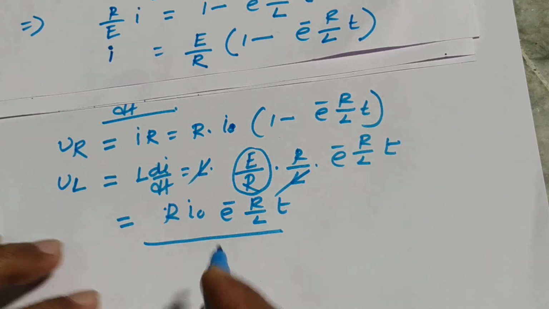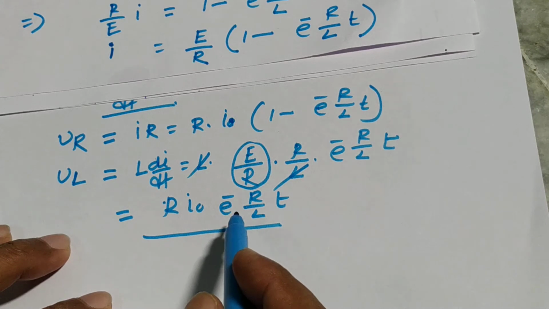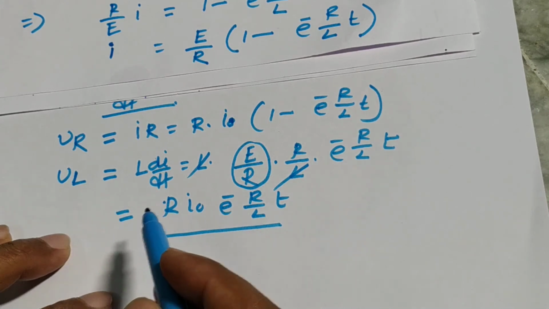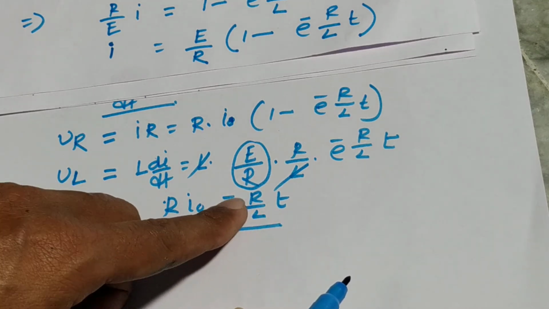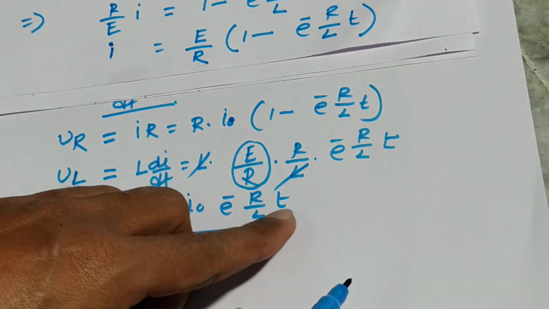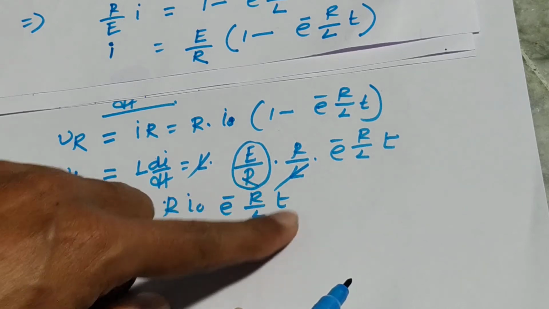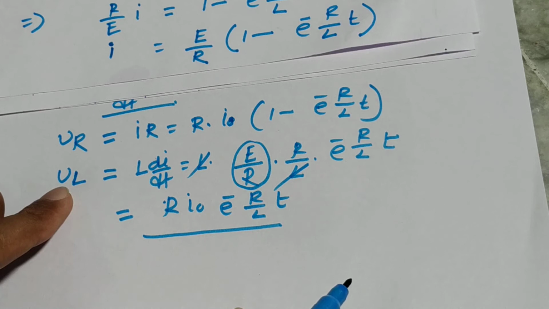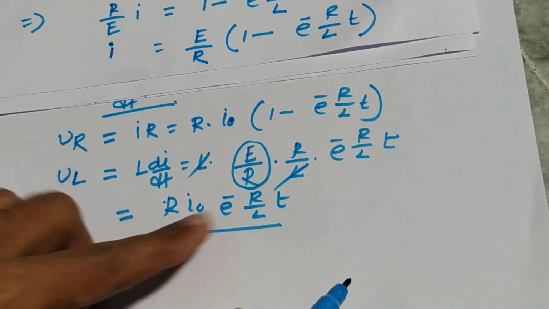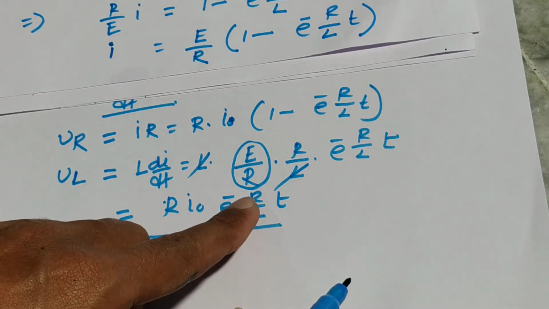So this is the instantaneous voltage drop at any instant of time across the inductor, and from this equation we see that the voltage drop across the inductor decreases with time, because there is a negative sign. With greater value of t, the value will be smaller. So with increasing time, the voltage drop across the inductor will be reduced, and at t equal to infinity this will be 0.